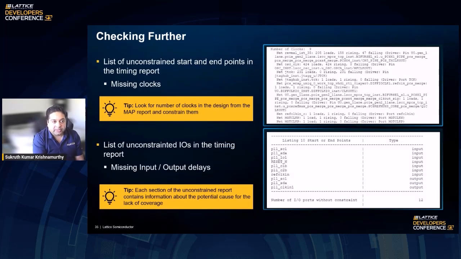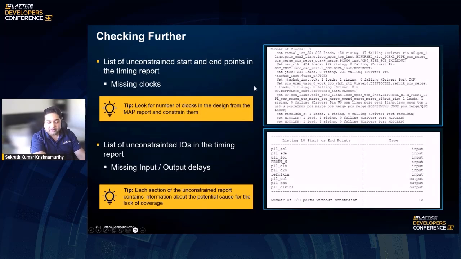Some of the things to consider after you read the timing report is looking at the unconstrained start or endpoints in the timing report. When you look at the unconstrained start or endpoints, you will see that some of the clocks might be missing timing. So when you see that some of the clocks are missing, go back to your map report and check the number of clocks. The map report gives a good understanding of how many clocks are used in the design, what the driver is, and what constraints can be added.